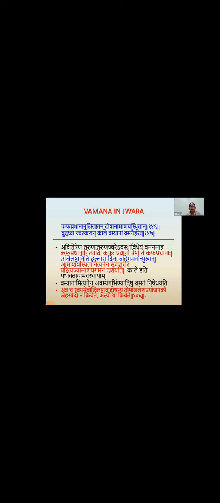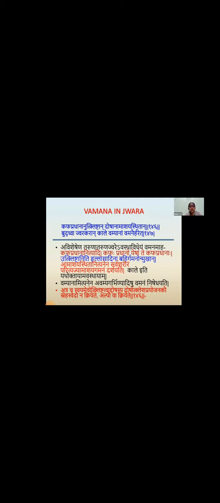Whenever the Amaja Jwara is there, there will be Hrillasa, or Tandra, Lala Rasa Srava, or heaviness of the chest, etc. By that we have to understand that there is a Kapha Pradhana Jwara, or it may be because Utklishta doshas are there in the Urdhva Amashaya itself.